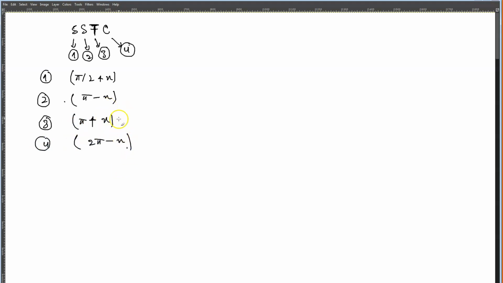So now suppose I need a trigonometric ratio related to pi plus x. So I can simply write all of the trigonometric ratios related to pi plus x, which is sine of pi plus x and cos of pi plus x, right? I don't even need to write all of these. I could suppose that I need only this one, right?